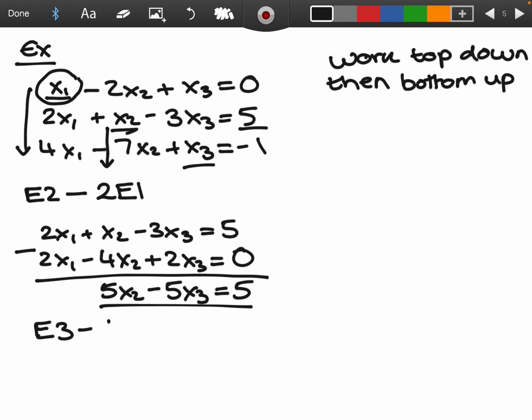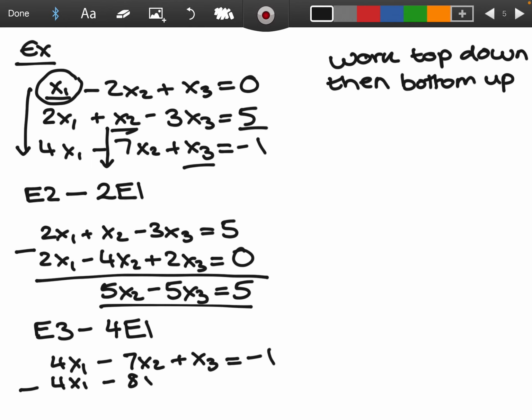So I'm going to subtract 4 times my first equation from it. So I get 4x1 minus 7x2 plus x3 is equal to negative 1, and I'm going to subtract 4 times my first equation. If you work that out, again, I'm not going to have any x1s left.